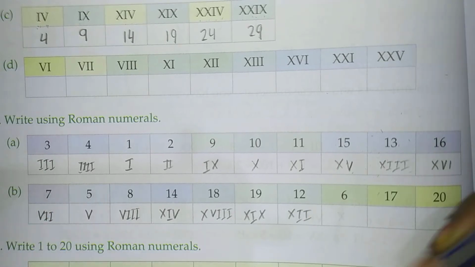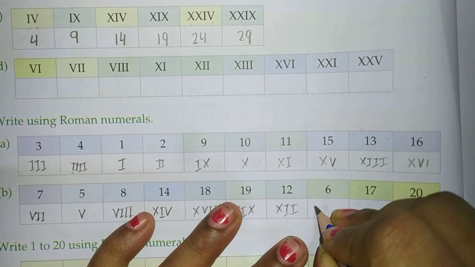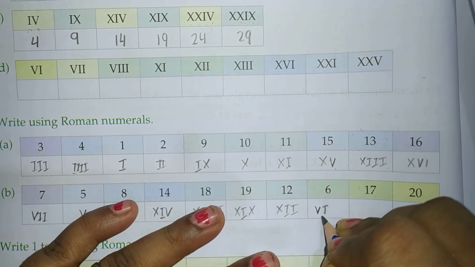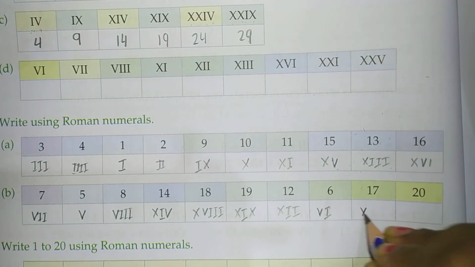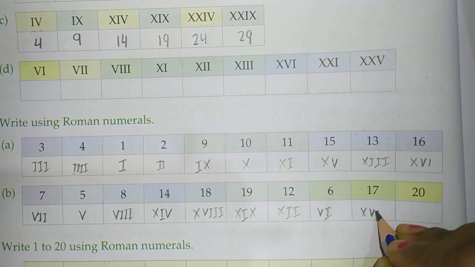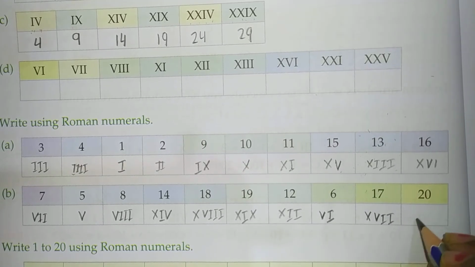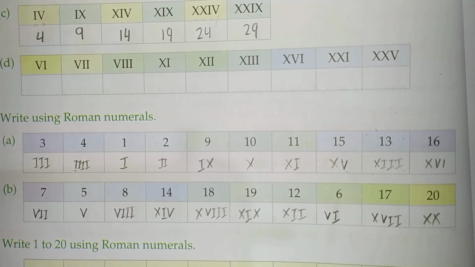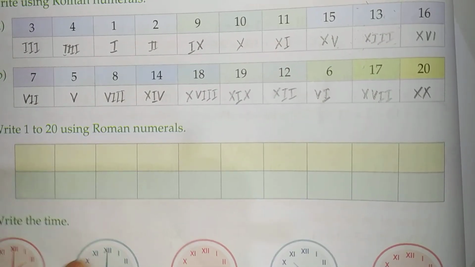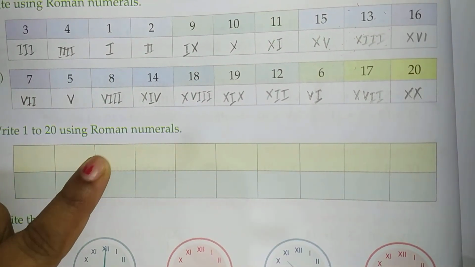The value of 6 is V and I. 17 is 10, 5, 15, 16, 17. And 20. Okay, understood? Write 1 to 20 using Roman numerals.